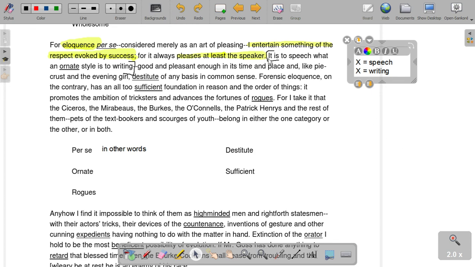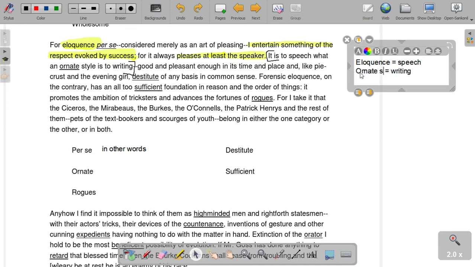So ornate. What is ornate? So if you look at the first part, he's saying that it is to speech. What is the it referring to here? Eloquence. Yeah. So he's saying eloquence is to speech as what is to writing? Ornate. Ornate what? Ornate style. Ornate style, yeah. So he's saying eloquence is the same thing as an ornate style in writing.